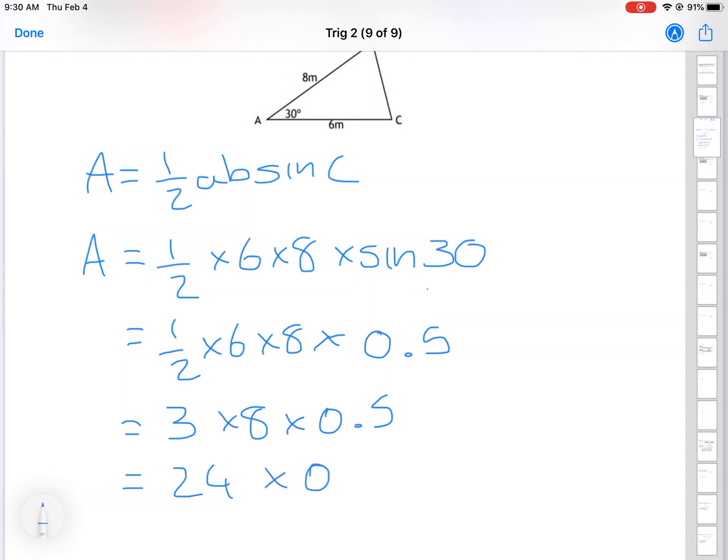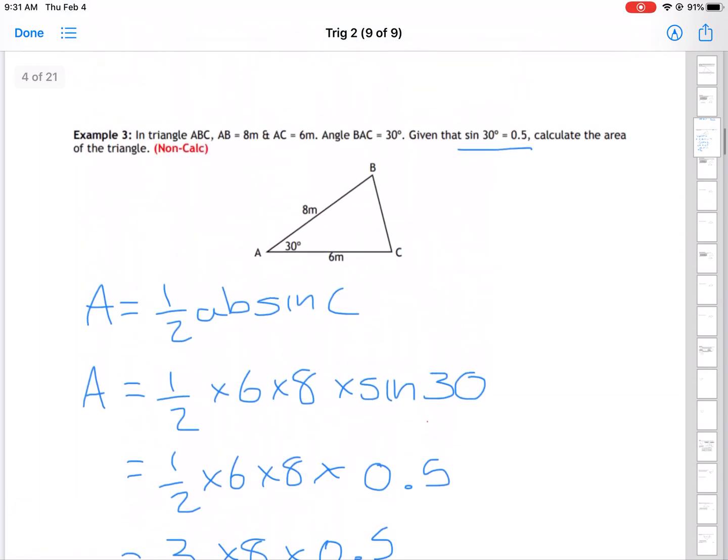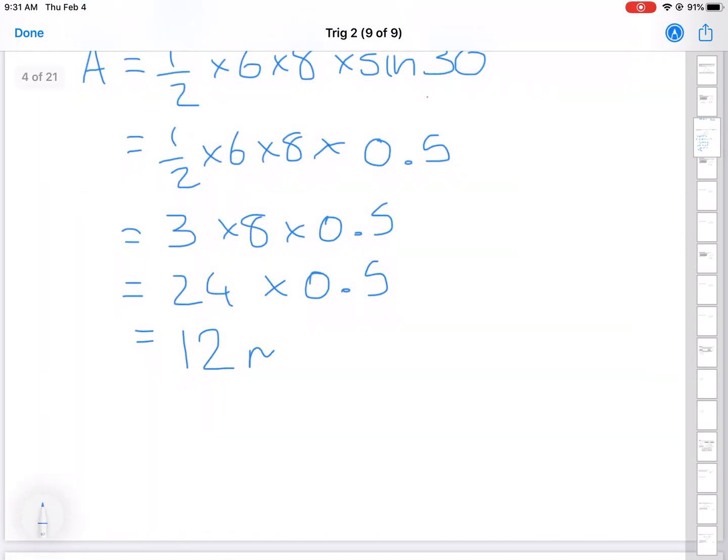That needs to get times by 0.5. Now the additional trick here is to remember or recall that 0.5 is the same as a half. So timesing something by 0.5 is the same as halving it. 24 halved then is 12, and our units will be metres squared.